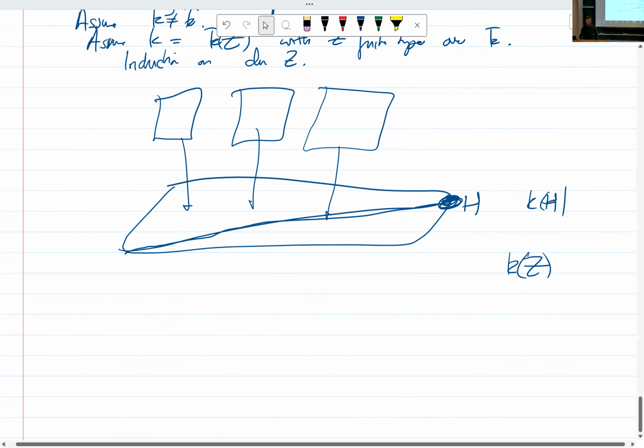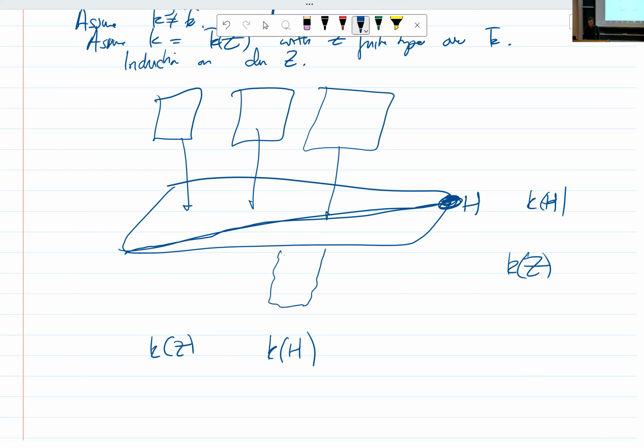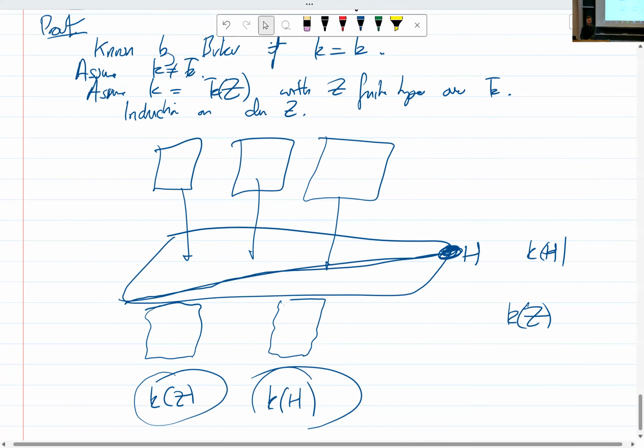And so we can look at, again, a family of surfaces over non-closed fields where this one has a higher transcendence degree than this one. So this is where the induction comes from.